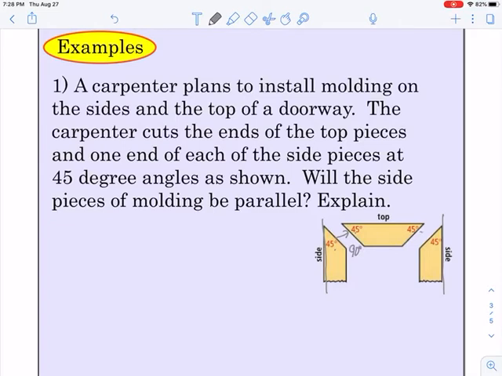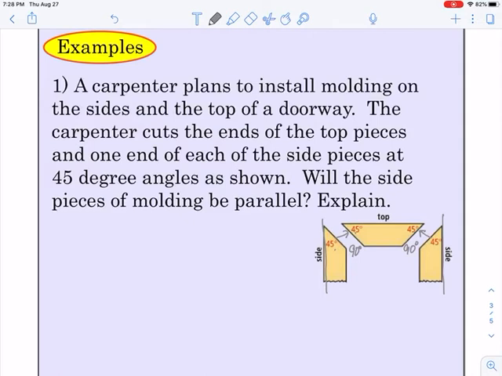And over here, again, if I put this piece up to that piece and I add those two angles together, that means that angle is also going to be 90 degrees. So yes, the sides will be parallel because each side piece is perpendicular to the top piece.